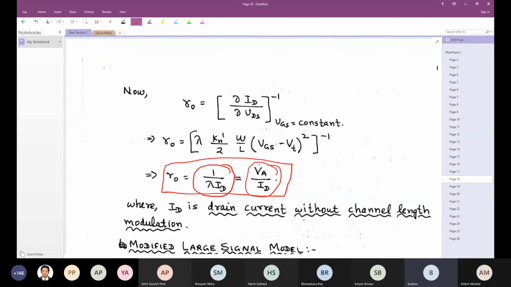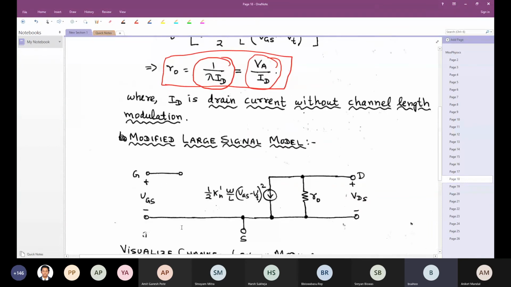Okay. So RO is given in terms of ID, where ID is the drain current without channel length modulation. Therefore, the large signal model now gets refined to this. Before we had only this parameter. Now we are adding in the output resistance because the current is changing because of channel length modulation.